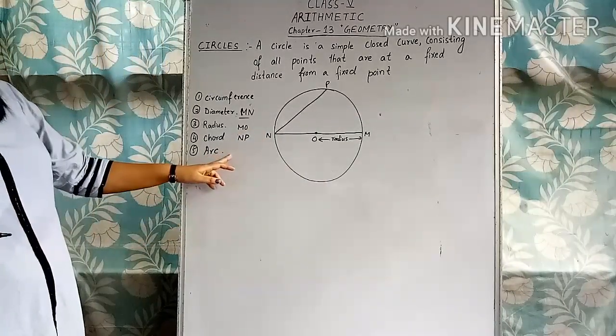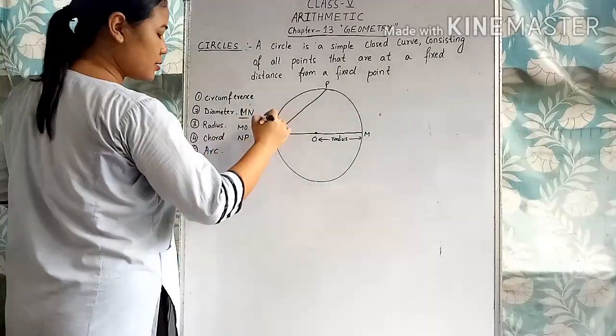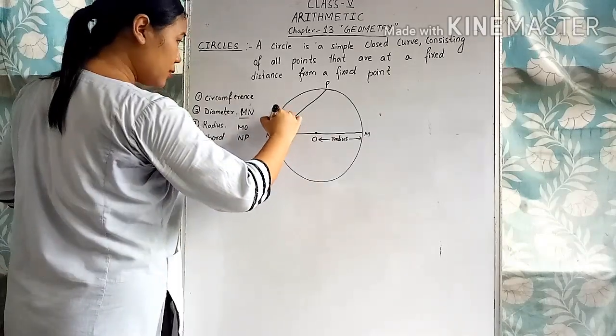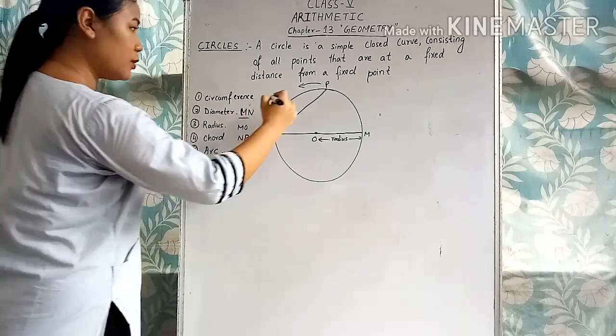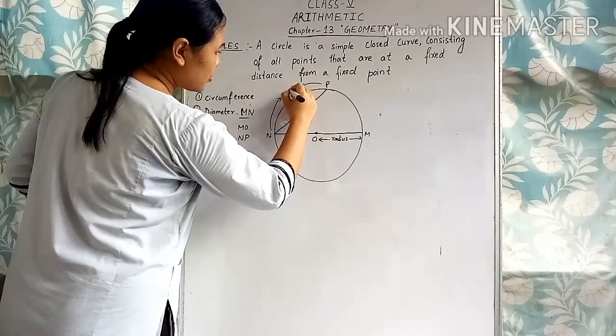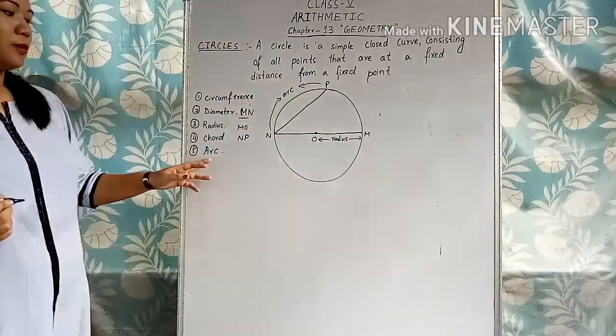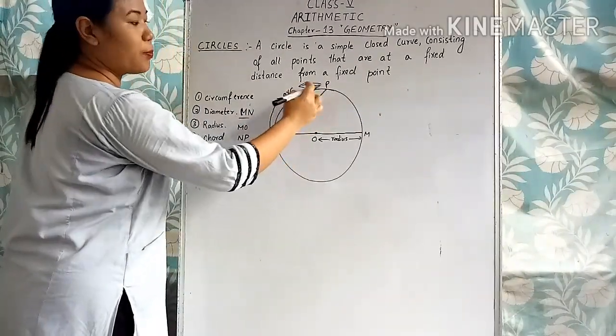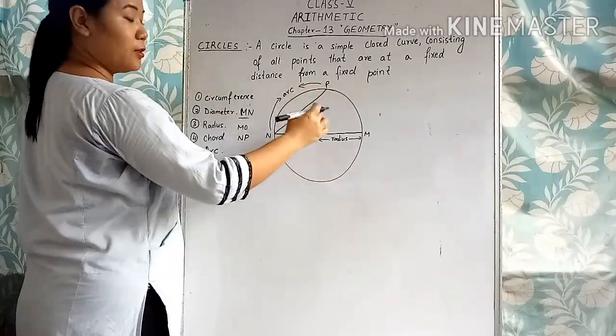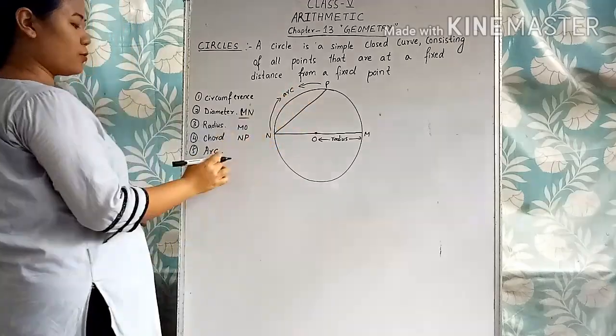Now what is an arc? Arc is the semicircular part. See, you can see here, this is an arc. It is a portion of the circle. So this portion is known as the arc.